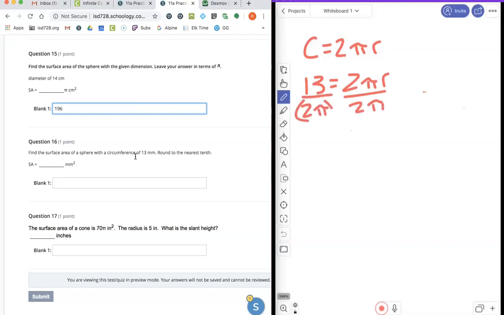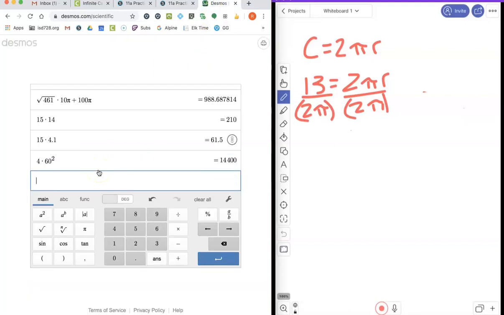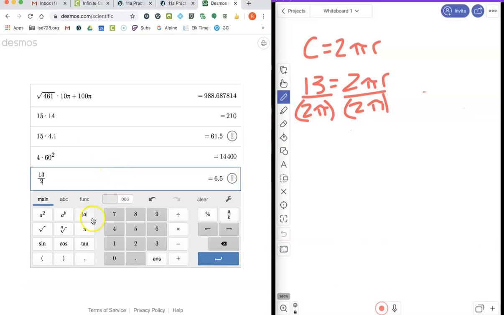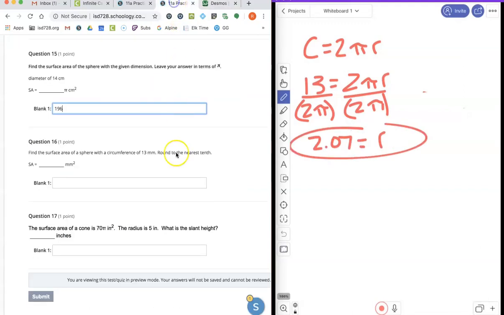Be very careful with your calculator on that part. I would put parentheses around the 2 pi, because if your calculator isn't smart like mine is, where it's automatically putting the pi on the bottom, you might end up getting an answer that's actually bigger than 13, which wouldn't make any sense. So we're going to work with our radius being 2.07 for right now.